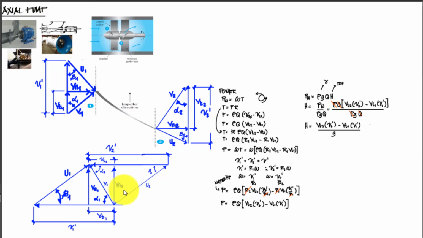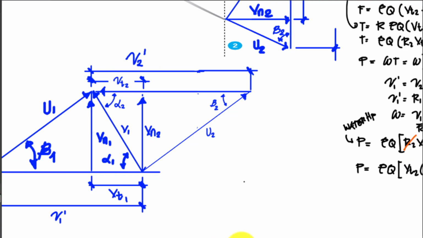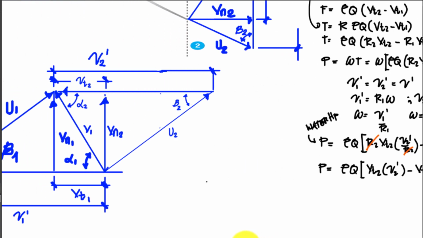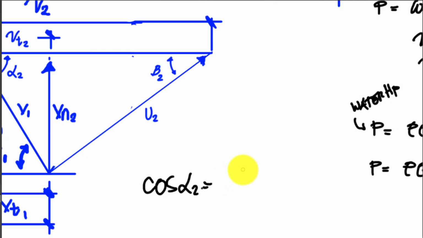Now, referring to our velocity triangle, okay? So referring here, no? So we have the BTT2, okay? So this is your BTT2 with a given angle, your alpha, no? So we can use the cosine law, cosine. So that will be the cosine of your alpha 2, which is equal to your opposite, so that will be BTT2, no?